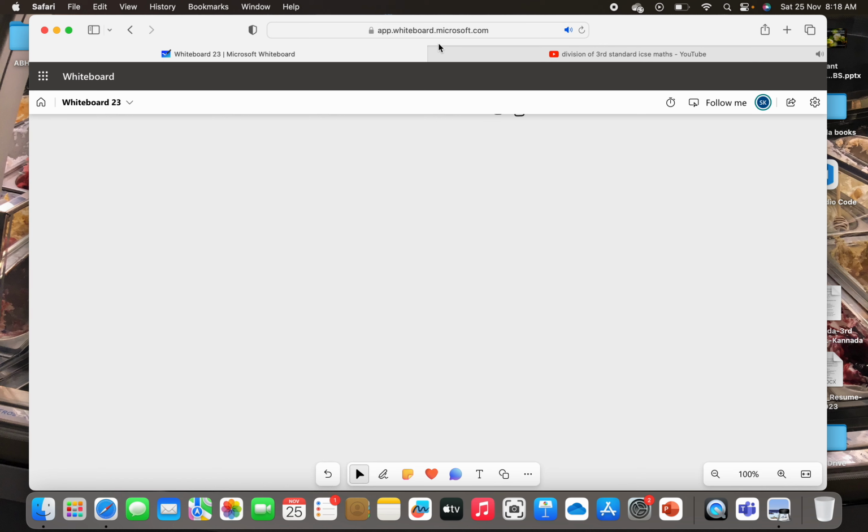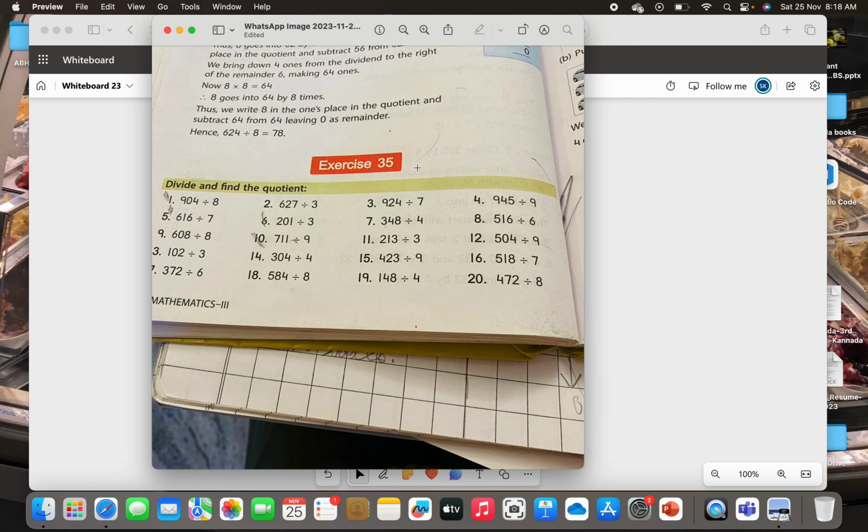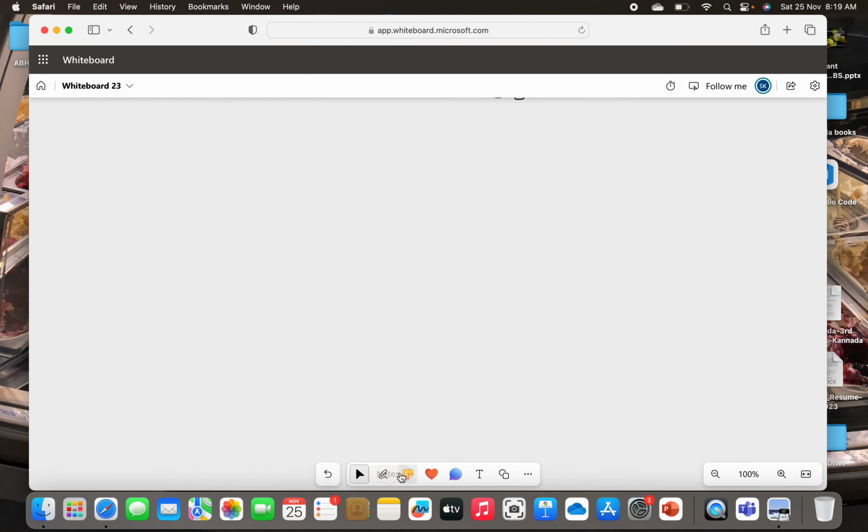Now, shall we go for the fourth one? 945 divided by 9. Fourth one is nothing but 945 divided by 9.